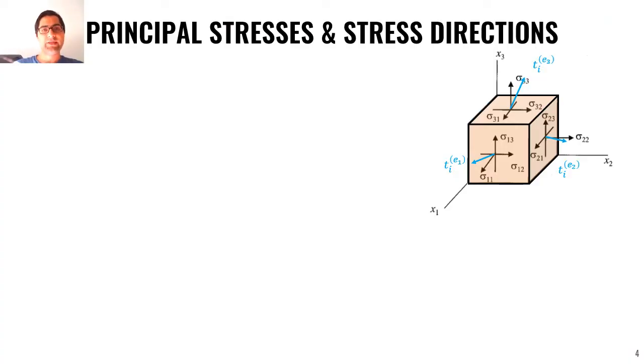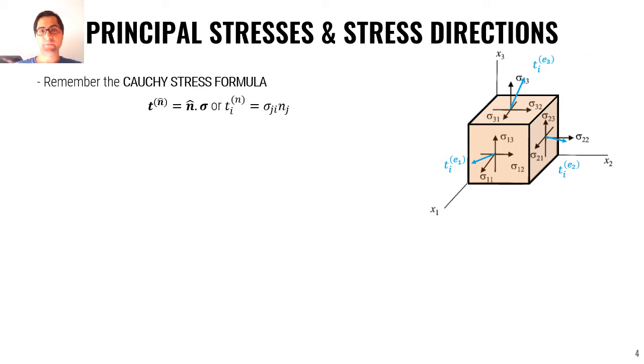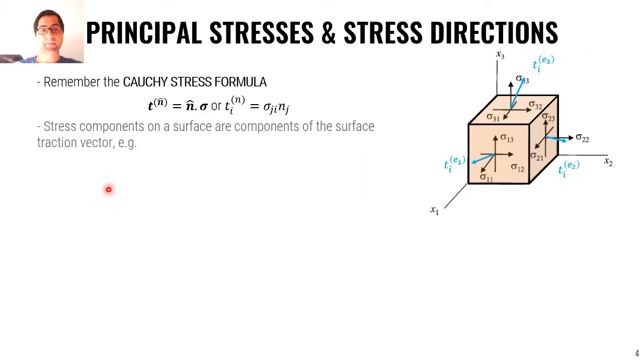Here are more details. Remember the Cauchy stress formula where we had T, the traction vector, equal to the normal to this surface dot the stress tensor at the point. There we noted that the stress components on a surface are components of the surface traction vector.